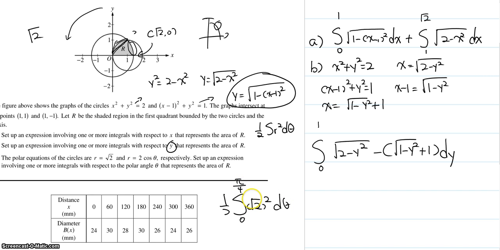Why is it pi over 4? Because at this point they have the same r value, which means square root of 2 equals 2 cosine theta, and you solve for theta, you get theta equals pi over 4. So at this point, the theta angle is pi over 4.